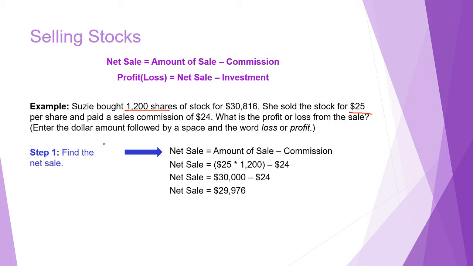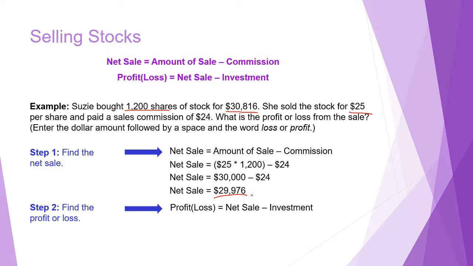So right off the bat, we have a net sale of $29,976. Comparing that to how much she bought it for: sold for $29,976, bought for $30,816. Looking at those two numbers, we know that Susie suffered a loss on this stock, right? But exactly how much? To find out, we're going to use the second formula given, which is net sale minus investment.